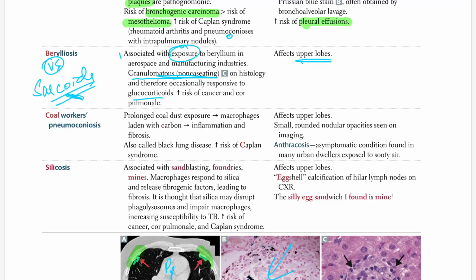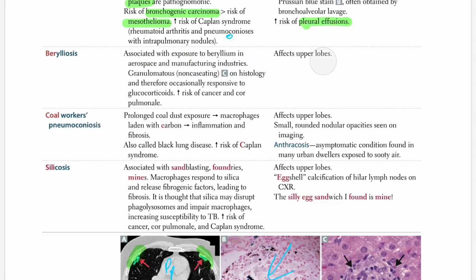In sarcoid, you're looking at a young black female. In berylliosis, you're looking at someone who has NASA or aerospace exposure, manufacturing industries like the nuclear weapon industry. All of that is a clue, the history is what would tell you they're talking about berylliosis versus sarcoidosis.